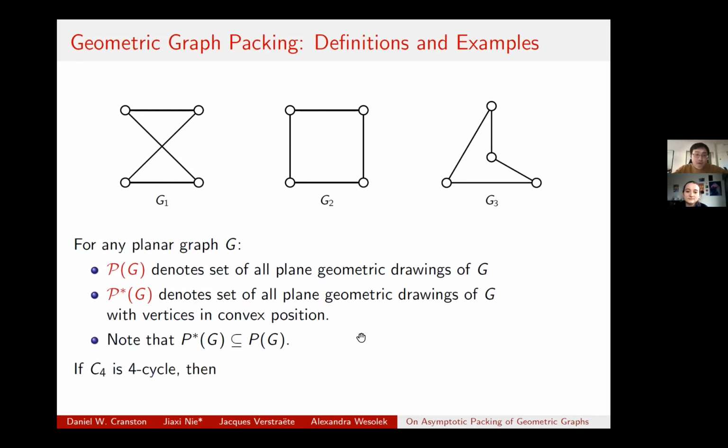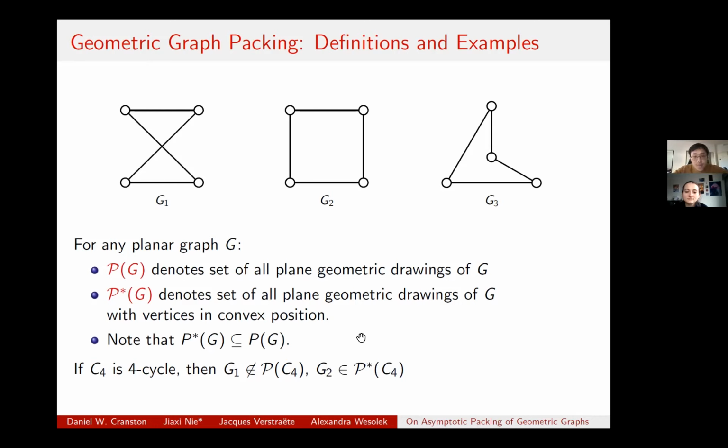Now, if we let C4 be a 4 cycle, and we look at these three examples above, then G1 is not in P of C4 because G1 is not plane. It has some crossing.